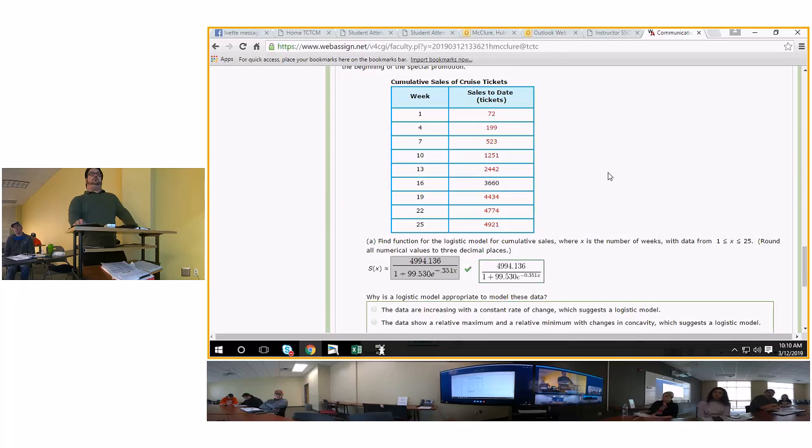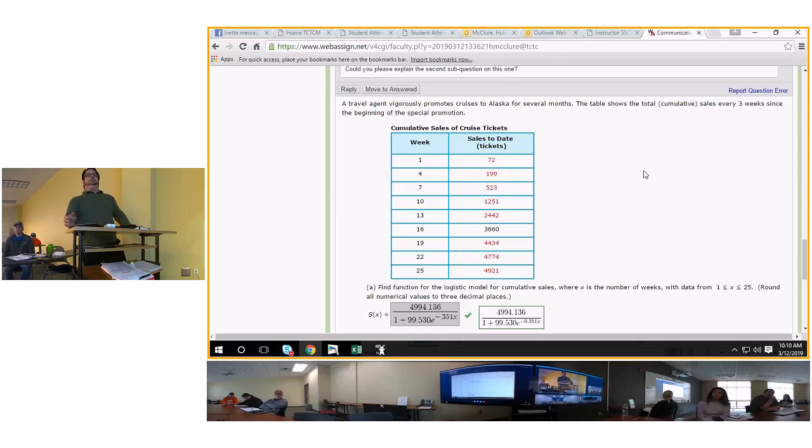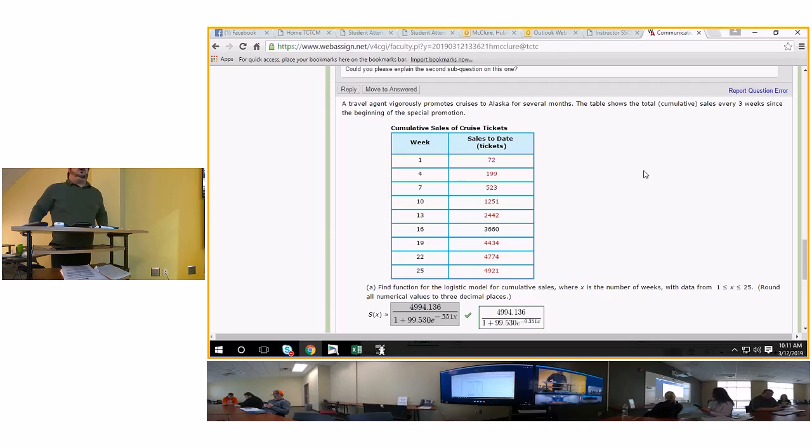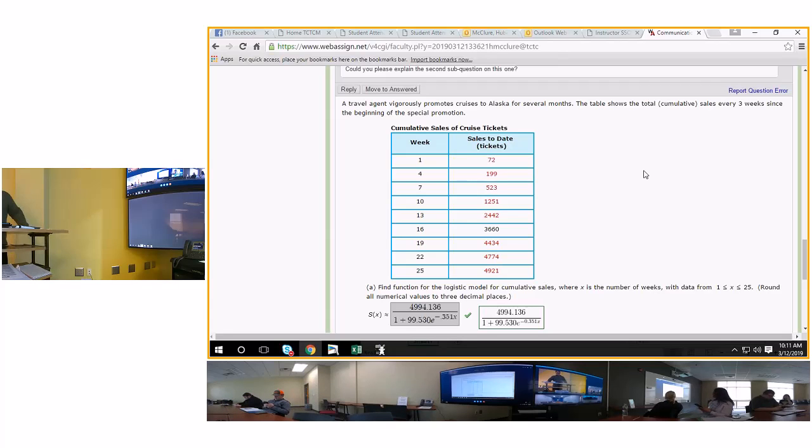All right, what does this one say? All right, good. Do this one. And you can do it on your calculator. I'll do it on the Excel spreadsheet. Now it says, for the logistical, what does logistical mean? What's the first 3 letters of logistic? Log. So it's either going to be an exponential or a logarithmic. Looks like an exponential, so you would say exponential on the trend line.